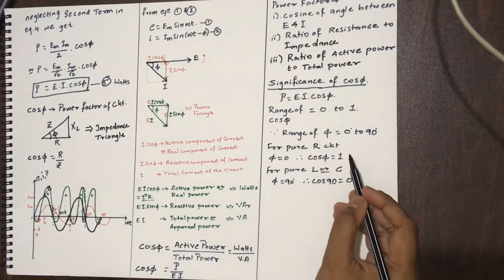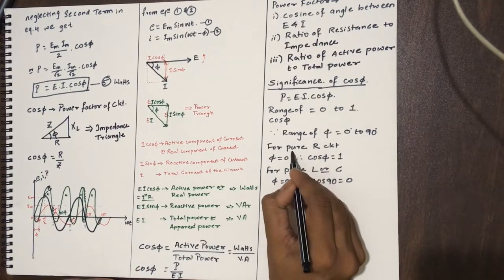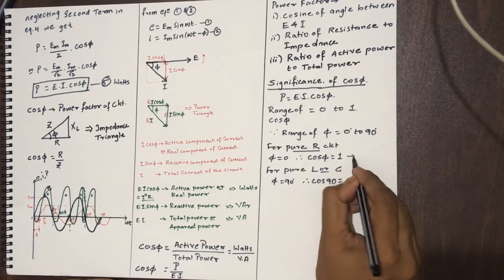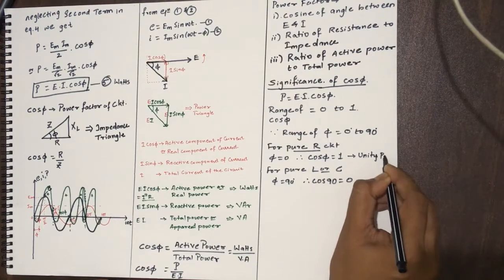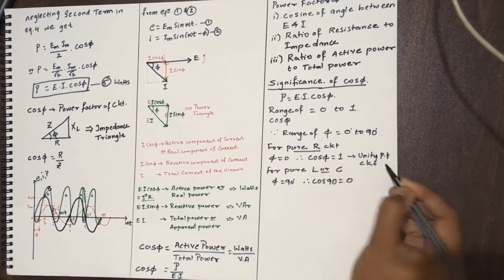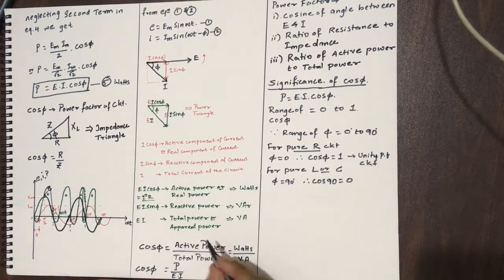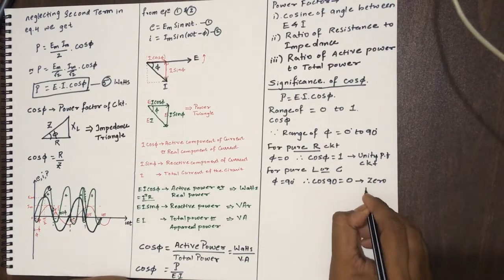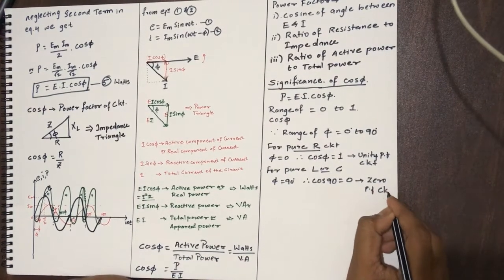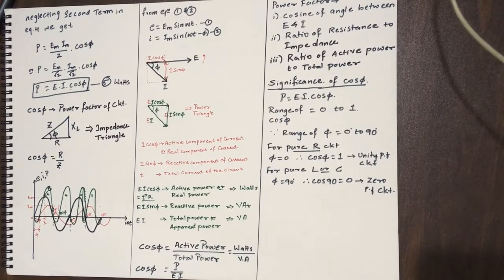Therefore, what we see here is pure R circuit is called as unity power factor circuit, whereas pure L or pure C circuit is called zero power factor circuit. So when the power factor of the circuit is unity, effectively the circuit is resistive. When the power factor of the circuit is 0, effectively the circuit is reactive.